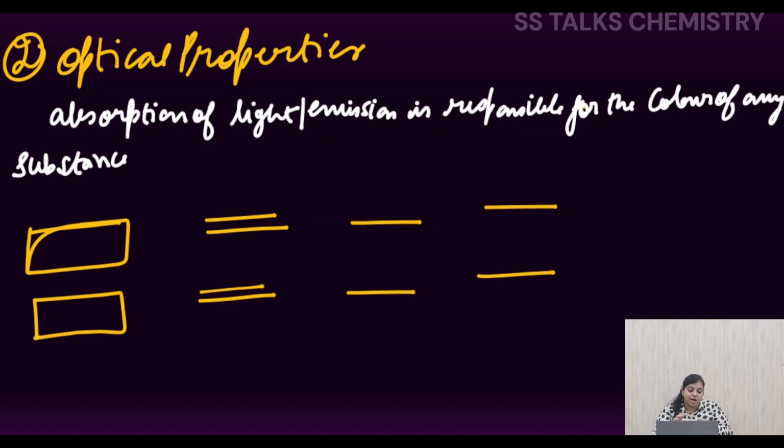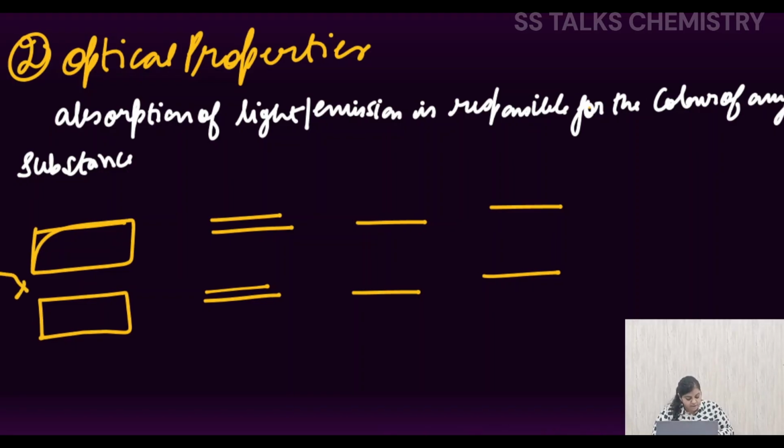So there is a difference in the gap that is present, and corresponding to this gap the light energy will be absorbed by the particles. Like in the ground state, the electron goes to the excited level and comes back.